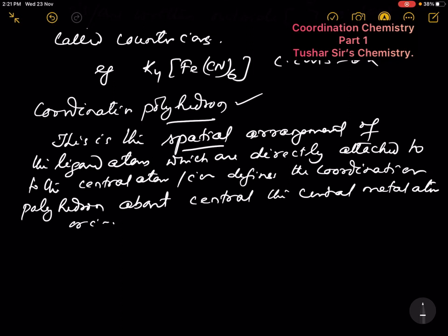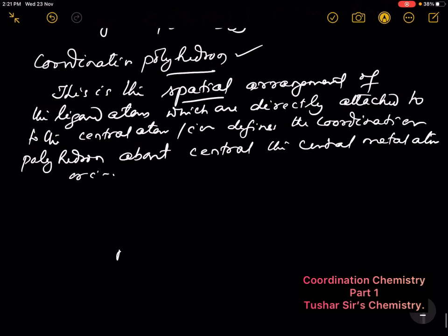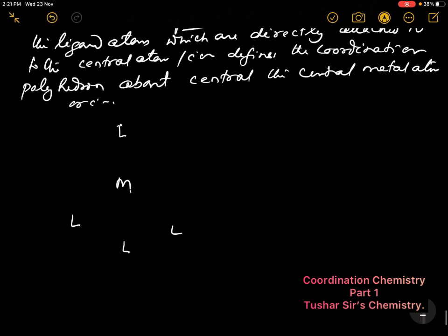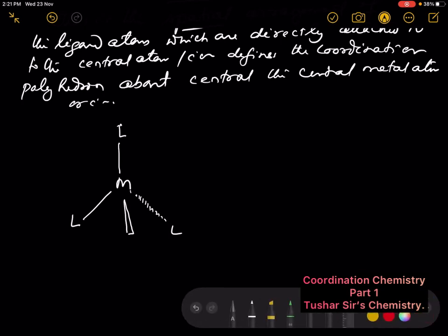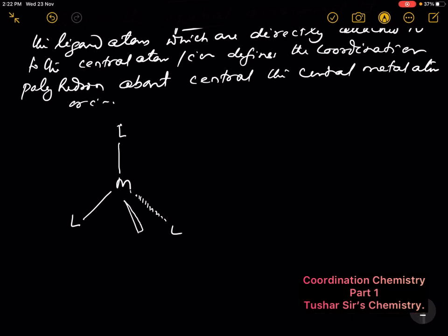You see, if the metal atom is over here and the ligands are written like this, these two are on paper. This is tetrahedral.